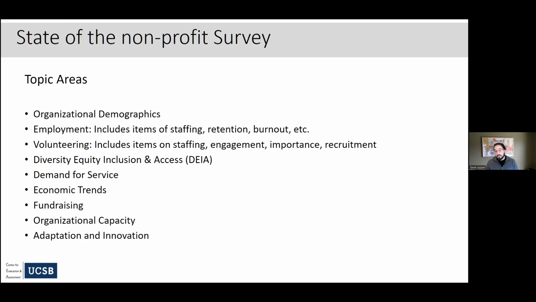The volunteering, the staffing level of engagement, what recruitment efforts look like, efforts towards diversity, equity, inclusion, and access within the broader domain, what demand for service looks like, what the various economic trends or issues are that are emerging, of course, the big question around fundraising and what was happening around that, current organizational capacity, anticipated organizational capacity, and the things related to adaptation and innovation that emerge.